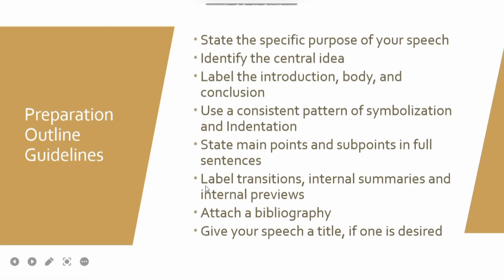Next is label the transitions, internal summaries, and internal previews. You have to make sure which one is the transition, the summaries, and also the previews. You have to include them in a preparation outline.